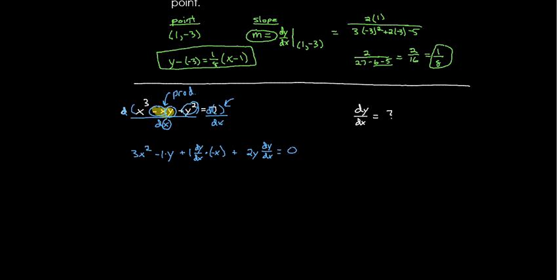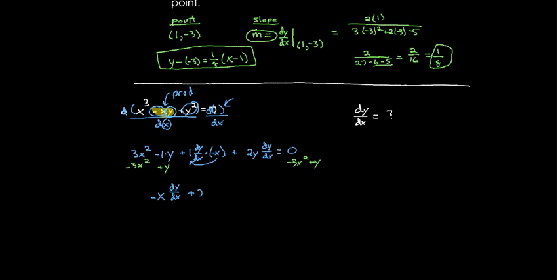Let's keep going. If we want to get dy dx by itself, we need to at least get rid of 3x squared. We're going to have to get rid of y also. I think that's it. So minus 3x squared plus y on that side. So we'll be left with negative x dy over dx. I just move that to the front.